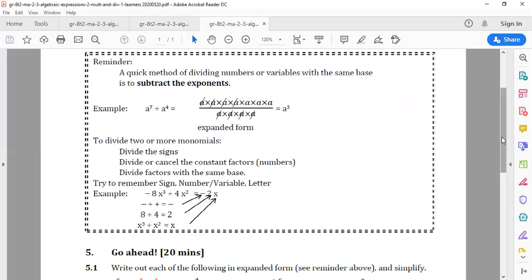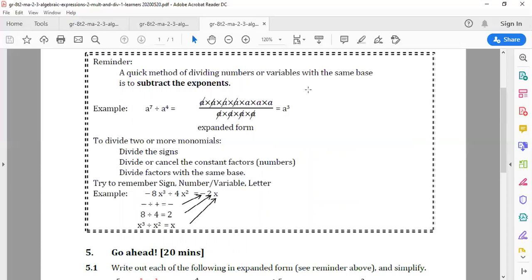The third worksheet that I want to discuss is a quick method of dividing numbers or variables with the same base. And the quick method is to subtract the exponent. For example, if you have a to the exponential 7 divided by a exponential 4.